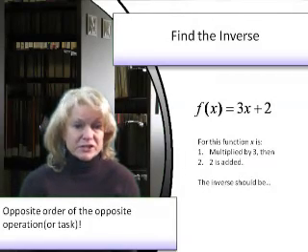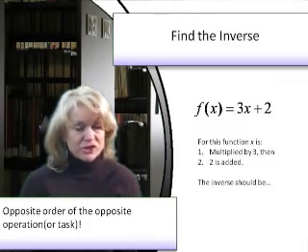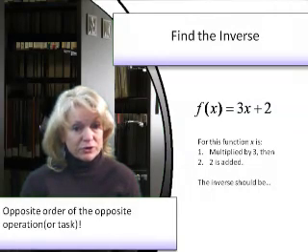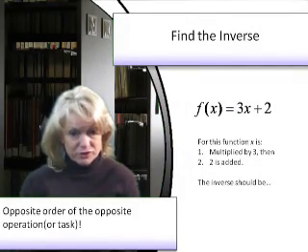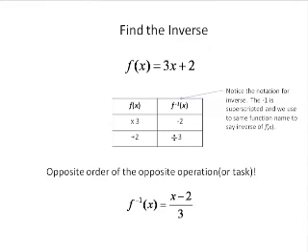The inverse would need to be the opposite operations done in the opposite order. The inverse should be subtracting 2 first and then dividing by 3. This process that we went through in building the inverse can be done for fairly simple functions. We'll look at a formal method that will help us find inverses to those that are more complicated.